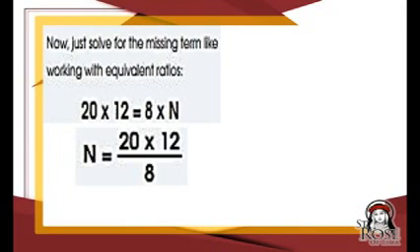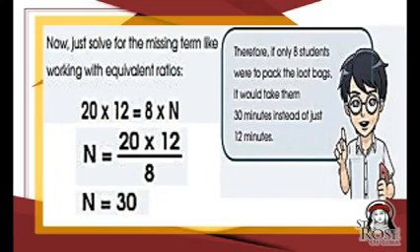So 20 multiplied by 12 is equal to 240, and 240 divided by 8 is equivalent to 30. Therefore, if only 8 students were to pack the loot bags, it would take them 30 minutes instead of just 12 minutes.